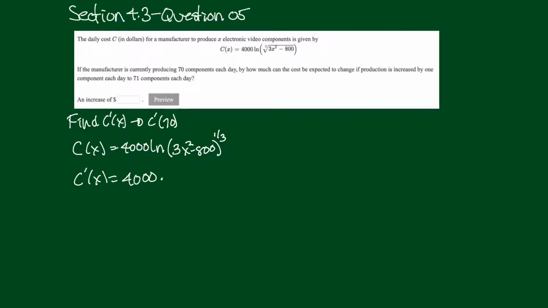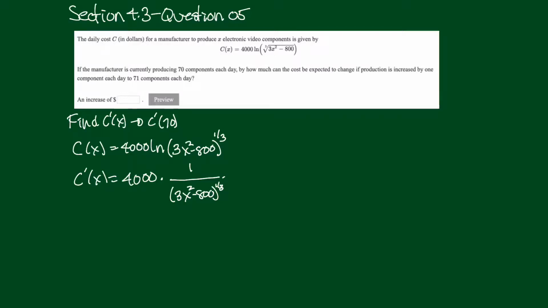Now this is a log function. So the derivative of a log function is 1 over the argument times the derivative of the argument. So this is going to be 1 over the 3x squared minus 800 to the 1/3 times the derivative of this argument right here. We need to differentiate that expression.